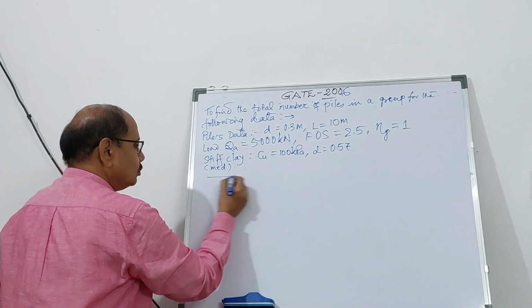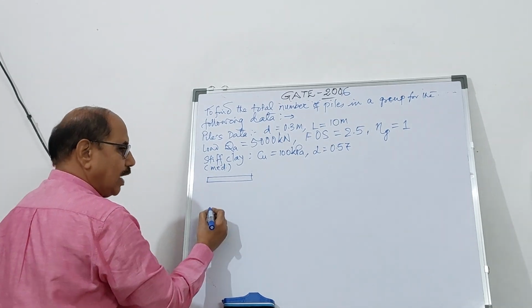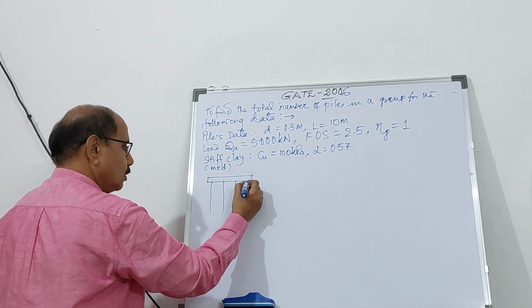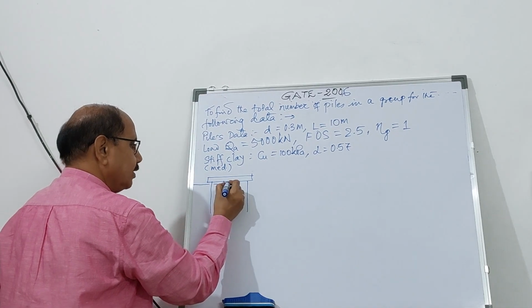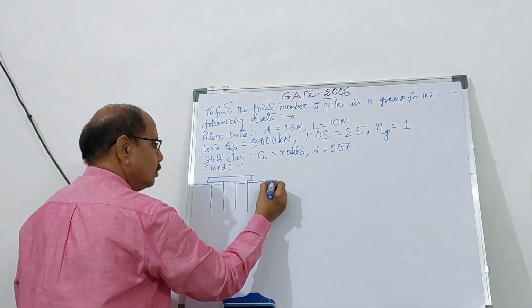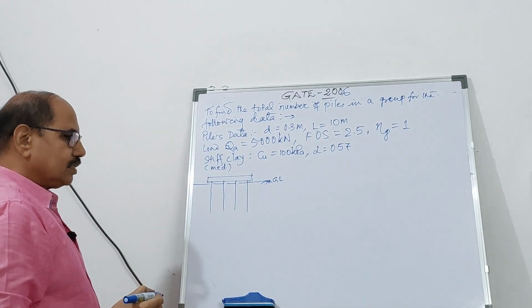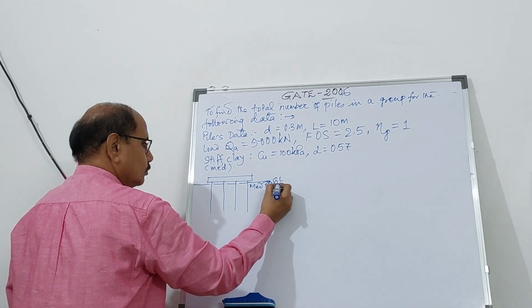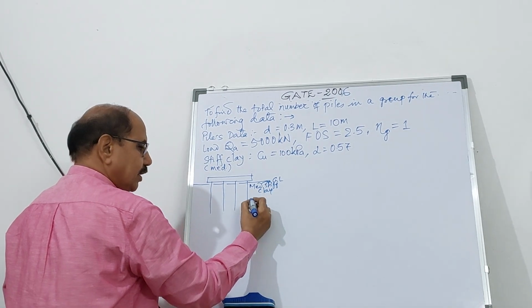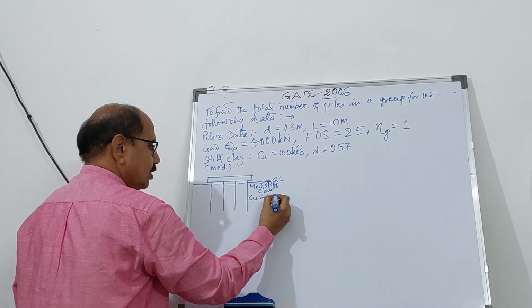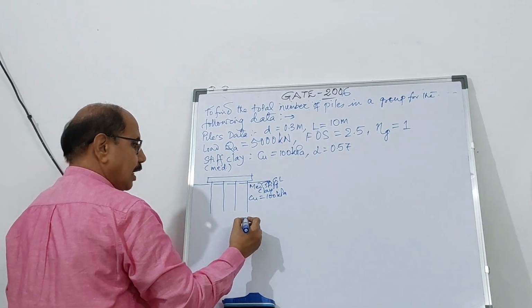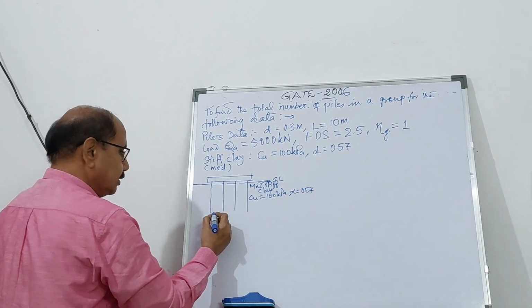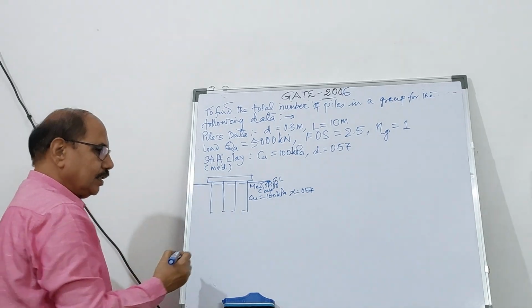So if you draw the pile, when it is embedded into the ground: ground surface, medium stiff clay, the properties already given as 100 kPa and alpha as 0.57, and here at the bottom it is a stiff clay.